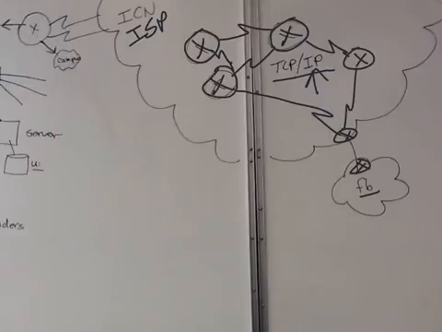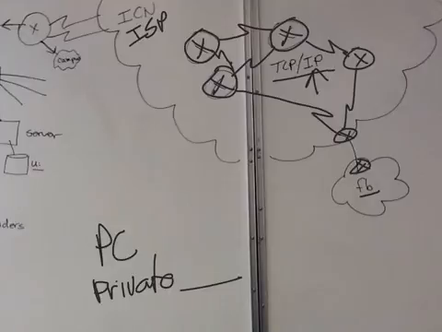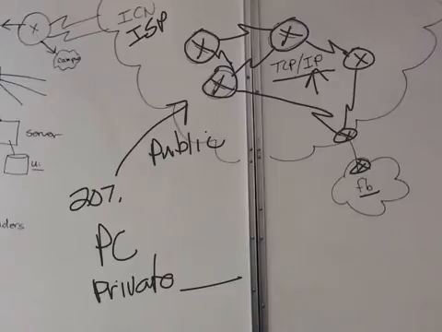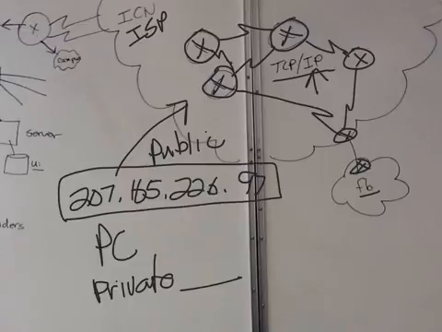We looked at on campus. We had the PCs, and we looked at our private address on the PCs, and then we did something, and we looked at what we had for a public address from the PCs, which turned out to be 207.165.226.97, and we all had the same one.